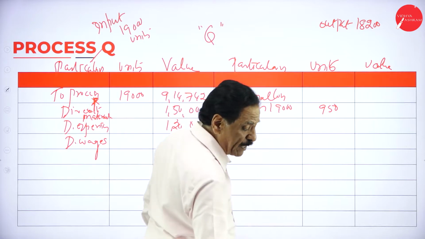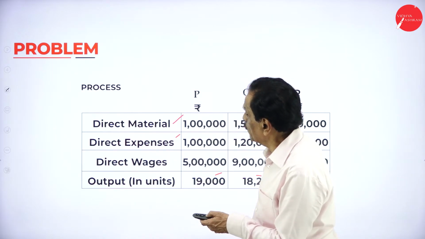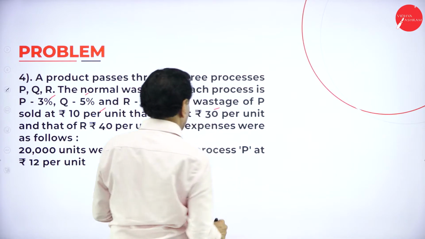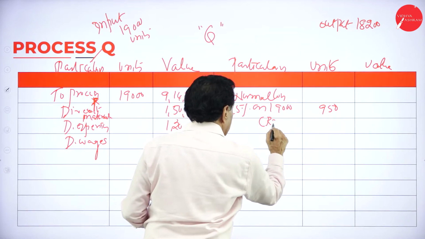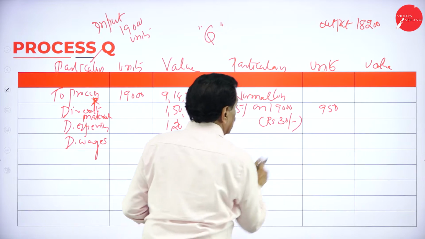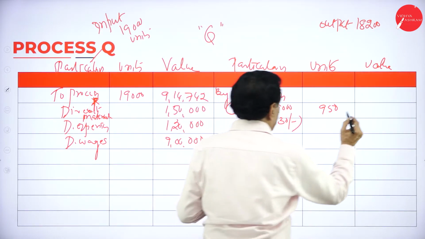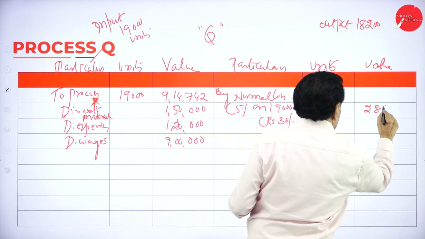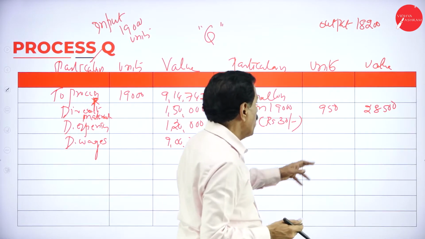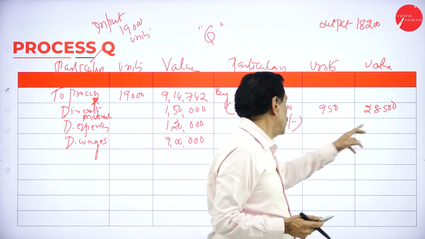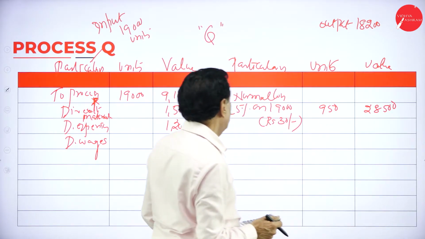Per unit selling price, here 10 rupees over, here at rupees 30. 950 units at rupees 30 is 28,500. 30, 3 5s are 15, 3 9s are 27, 28,500.